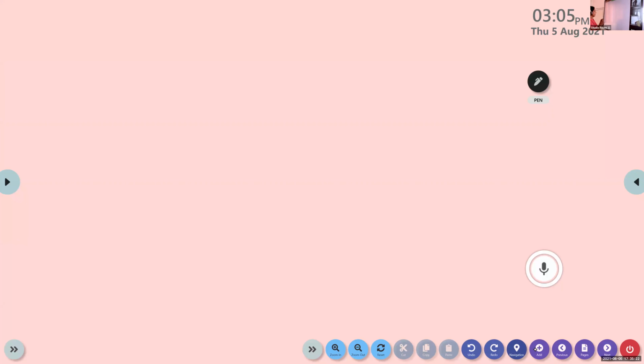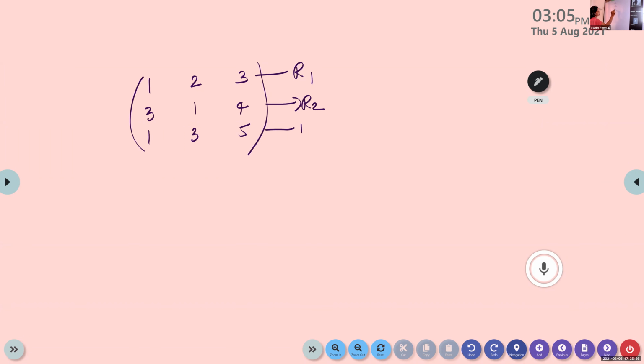Now look at the next one. Consider one matrix here: 1, 2, 3; 3, 1, 4; 1, 3, 5. Listen children, this is our first row, this is our second row, this is our third row. In the second row, instead of 3, I want a 0. In the second row, the first element I want to make 0. How can we do this?